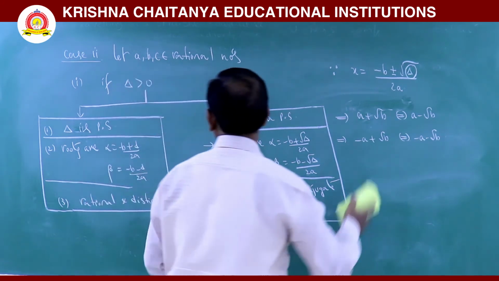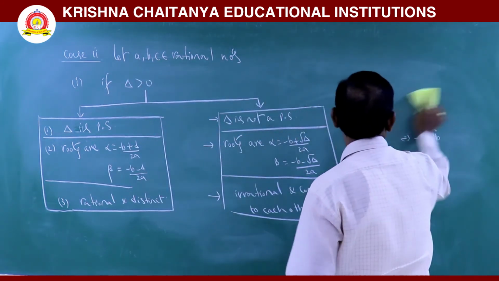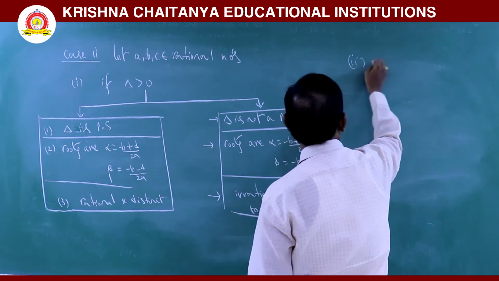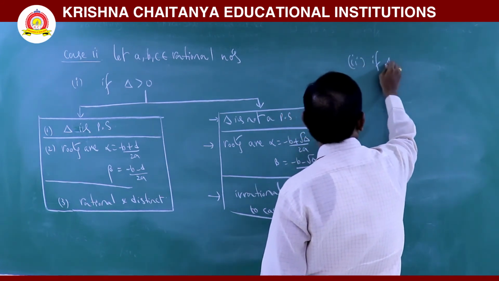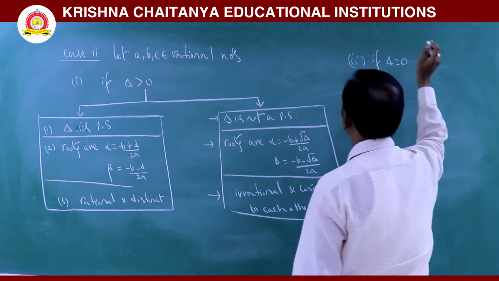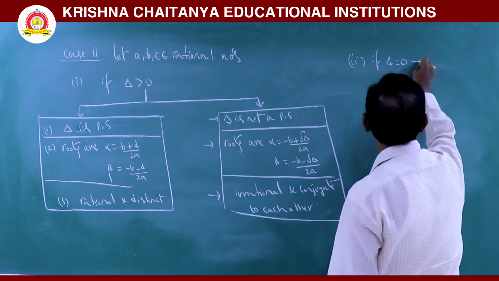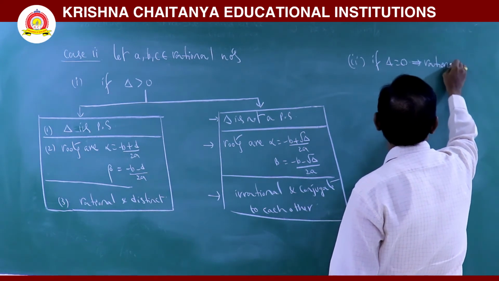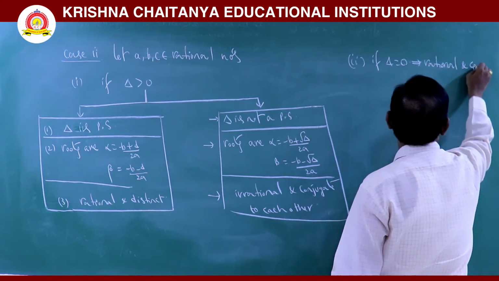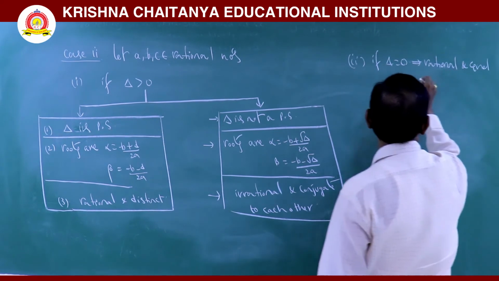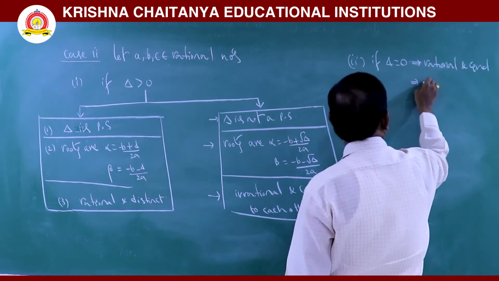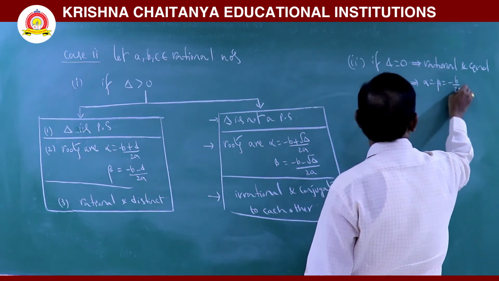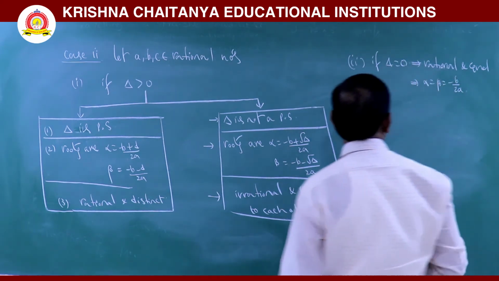Now come to subpoint 2. Subpoint 2 is delta equal to 0. If delta is equal to 0, the roots are rational and equal. What are the roots? Alpha is equal to beta is equal to minus b by 2a, since delta is equal to 0.